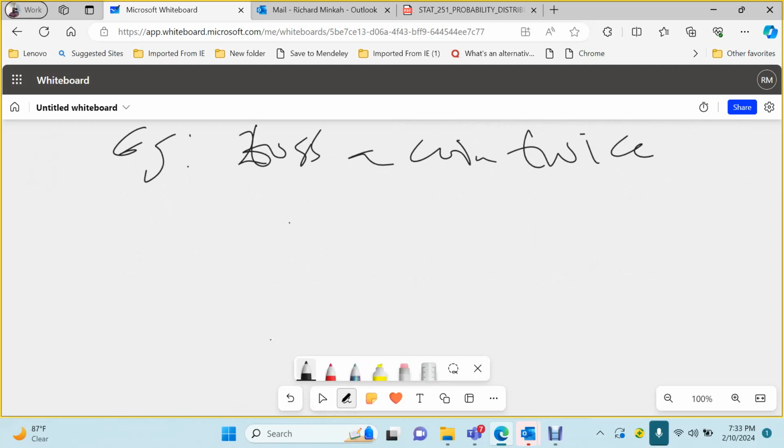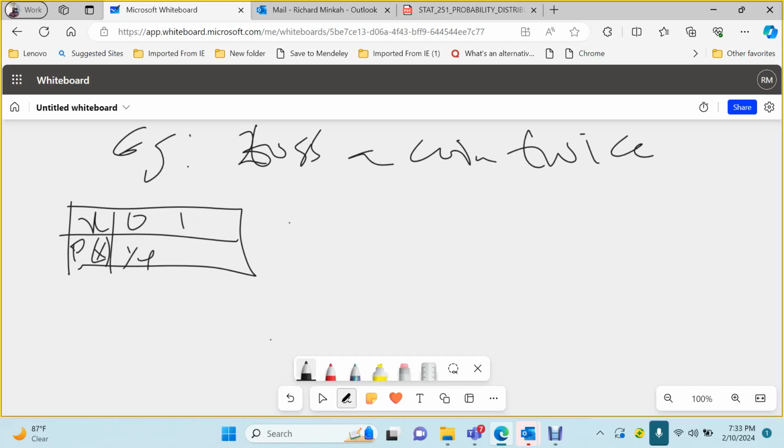So I can write it here. We have x, and then we have the probability of x. So 0, we have 1 over 4. 1, we have 2 over 4, and then 2, we have 1/4. Do you all agree with it?